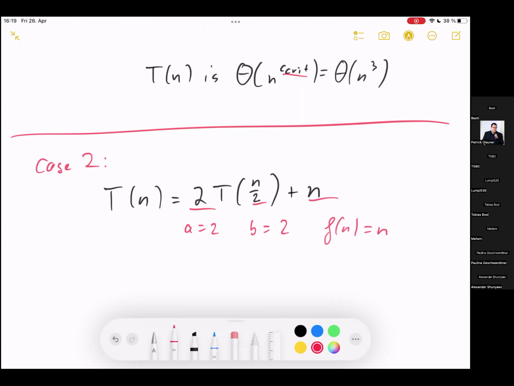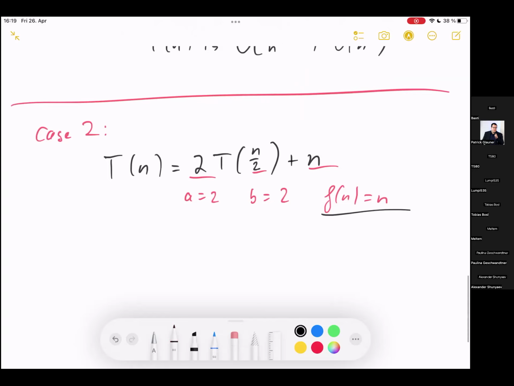And again, we need to look at this f of n, and we are wondering if f of n is theta of n to the C critical times log n raised to the power of k. This is just what we defined before.